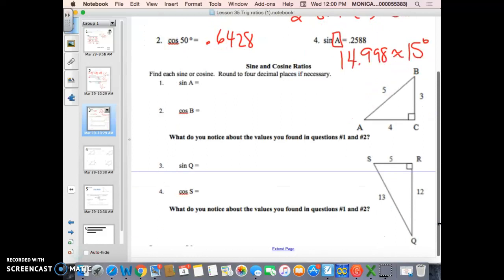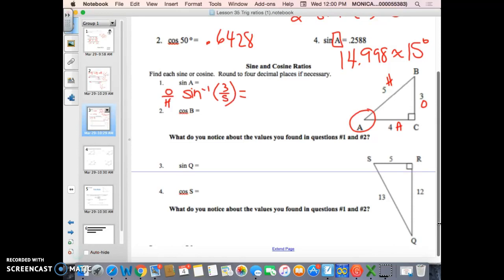All right, let's look at how this looks in real life. So in the first situation, we're looking for the sine of A. So the very first thing you want to do is label your triangle. So this is opposite, adjacent, and hypotenuse. So sin, remember, is opposite over hypotenuse. So that's going to be the sin -1 of 3 over 5.